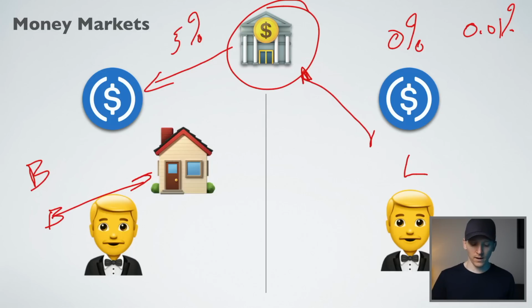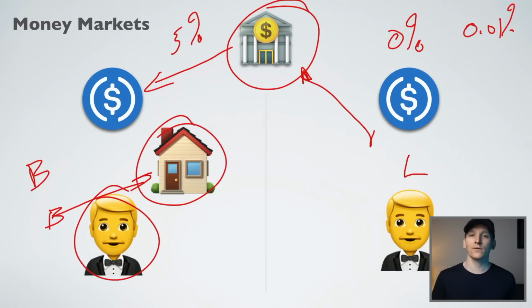Now, there's some risk here because you're a borrower, but actually they have the collateral there as well. This is really important for Aave because they use collateral in the form of crypto assets. And so you get a good 5% fee rather than a credit card, which is uncollateralized, where you'll be paying something like 15, 20% or something like that.